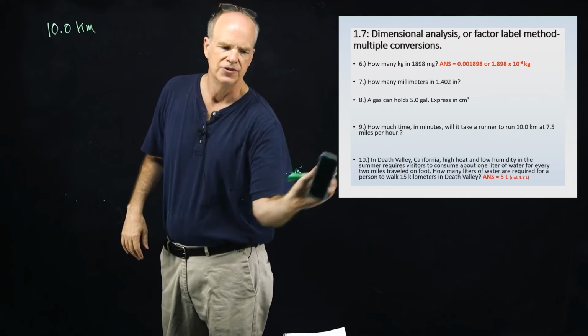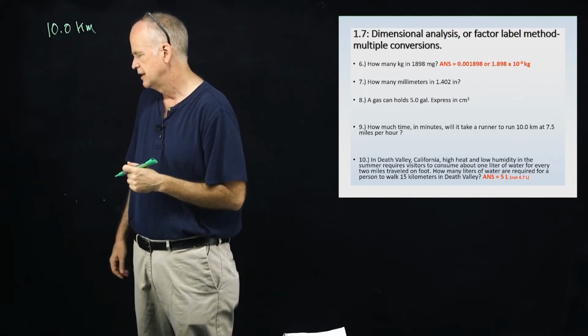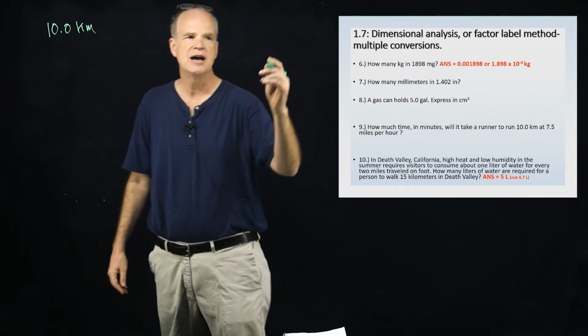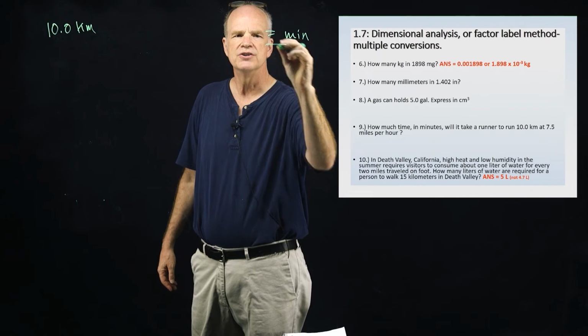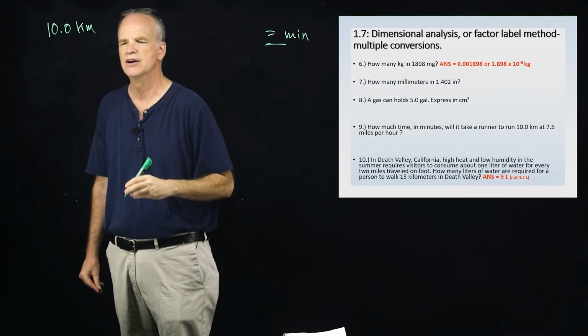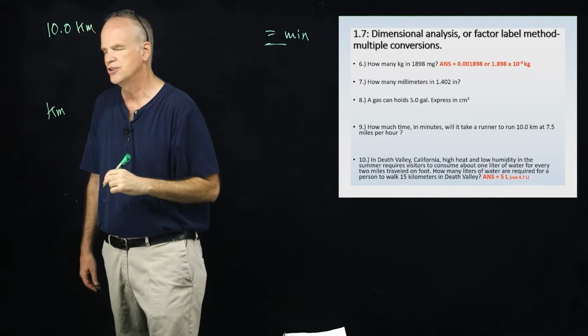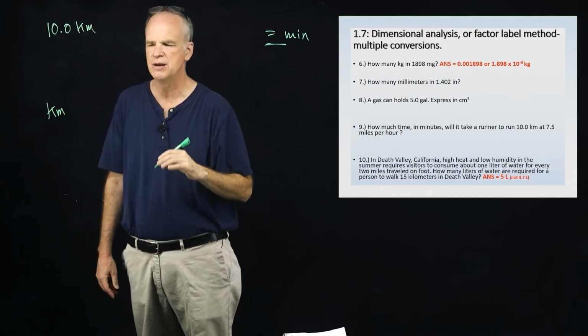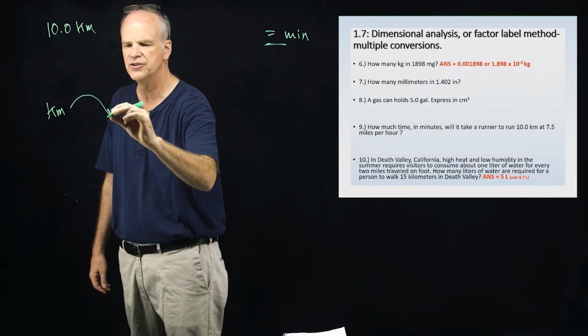Okay, so we have 10.0 kilometers, and we want to know how much time in minutes this is going to take if the runner is running at 7.5 miles per hour. So we're going to start with kilometers, and again, the conversion is 7.5 miles per hour. Maybe the best thing to do first is to convert kilometers to miles.